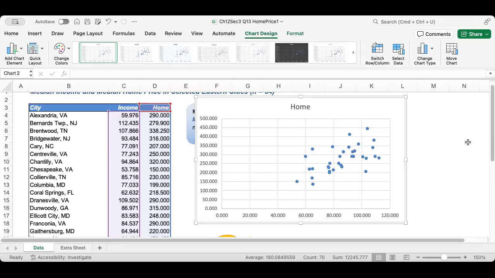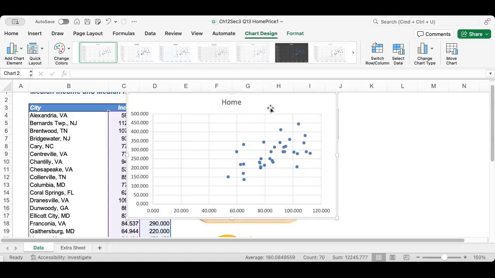The yes, no question. As median income goes up, these kind of look like they're clustering upward as we go from left to right. All right. I hope that's right. But how can I tell?